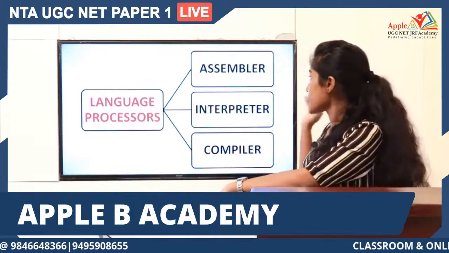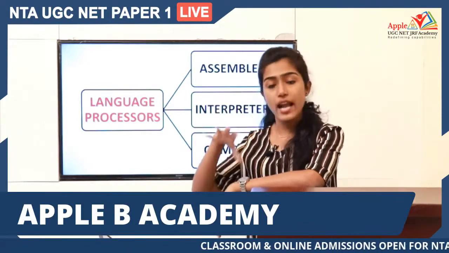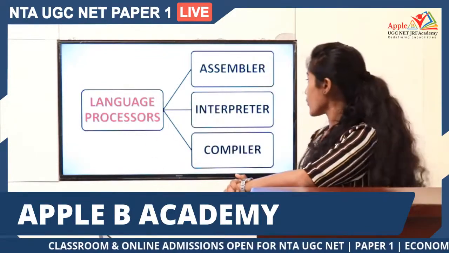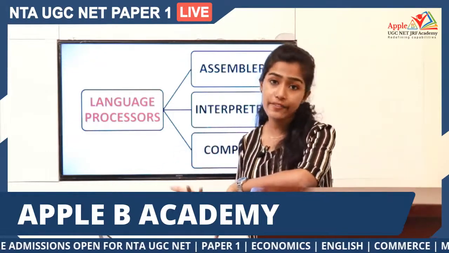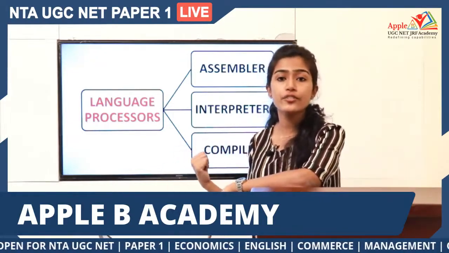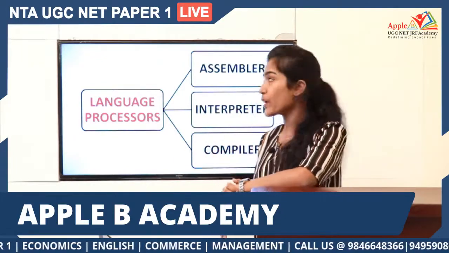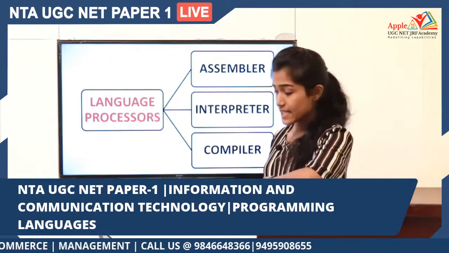In that case, assembler is the language processor that we are using to translate assembly language into machine code. Then we have the interpreter and compiler. Both of these are used for high-level languages. Both are used for the translation of high-level languages, but they are a bit different. We'll be looking at these three language processors in detail.